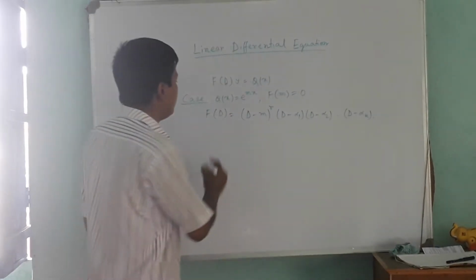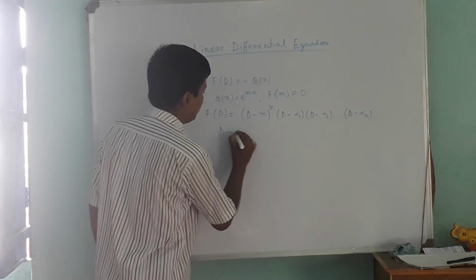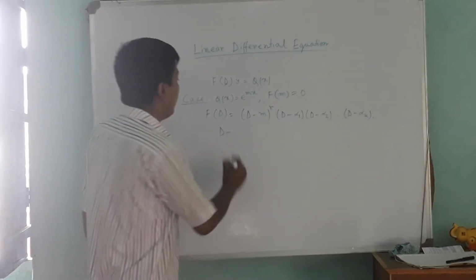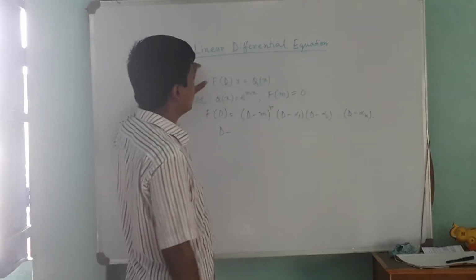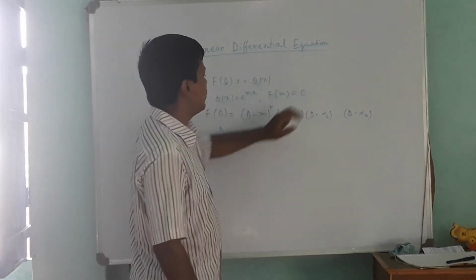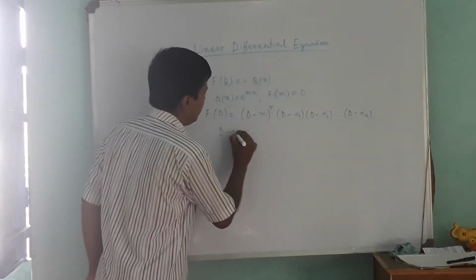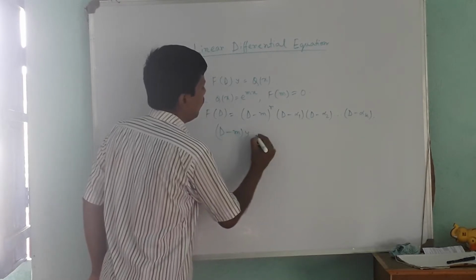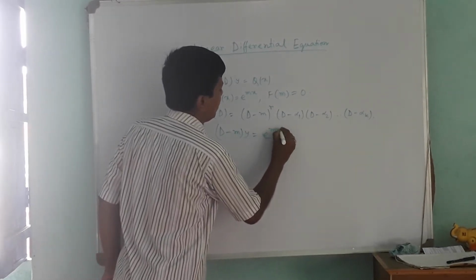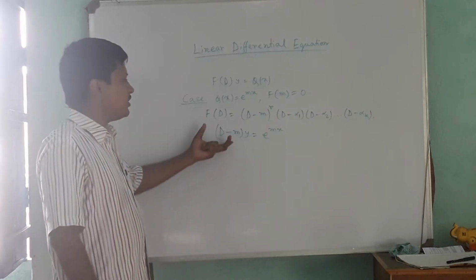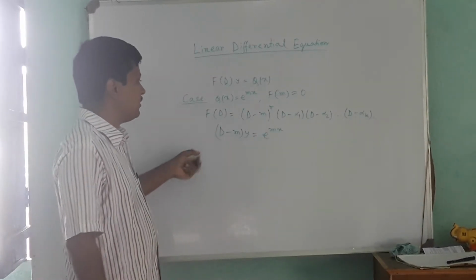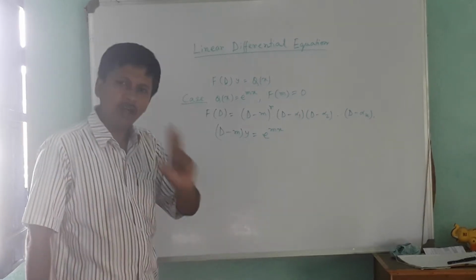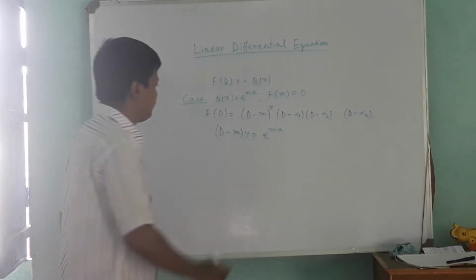So how can we find out the particular integral of this differential equation when f(m) is equal to 0? So now we calculate (D - m)y = e^(mx). We know how to find the complementary function, but now we are interested in finding only the particular integral.